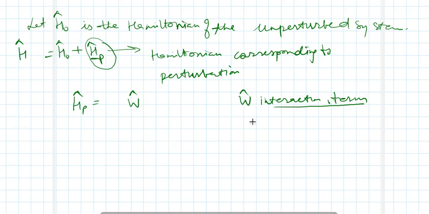But this should be very, very small, so an additional factor lambda is multiplied with it, and this lambda should be very much less than 1. Because of this, we can assure that the perturbation is very small.